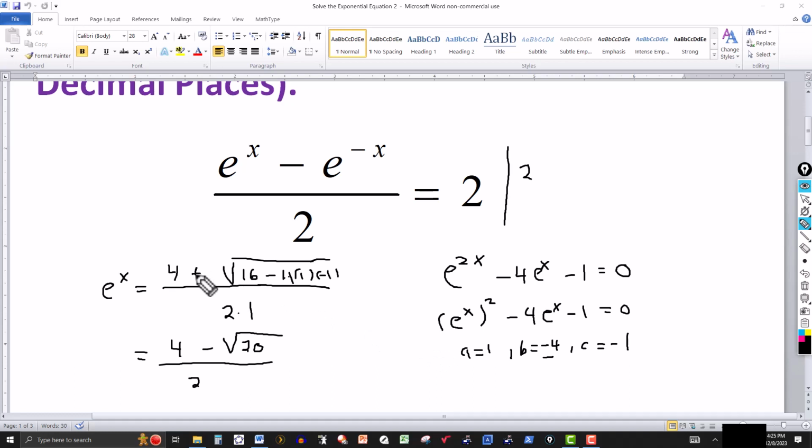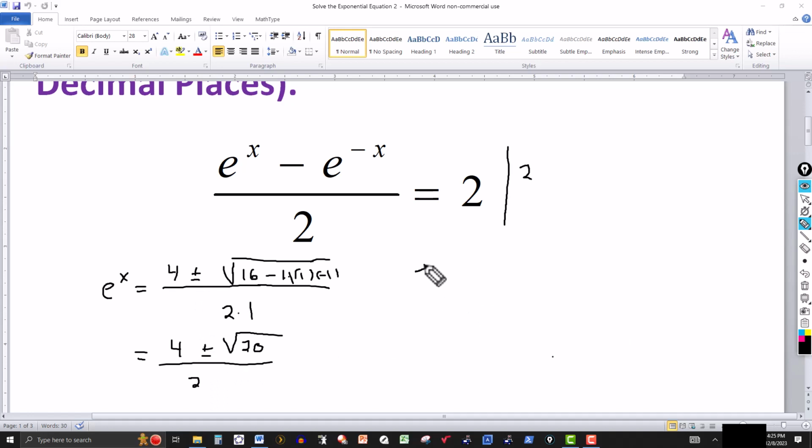And this, of course, is plus or minus for the formula. So come back up here then and say e to the x is equal to 4 plus or minus the square root of 20, and 20 is 4 times 5. So we can simplify that radical there.